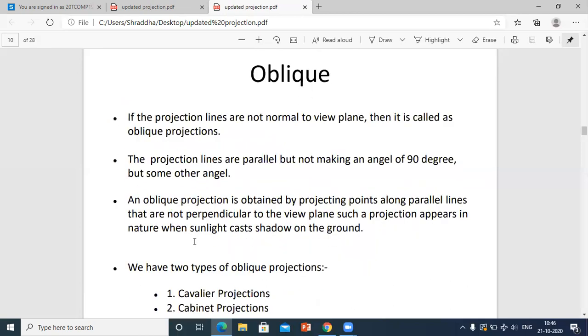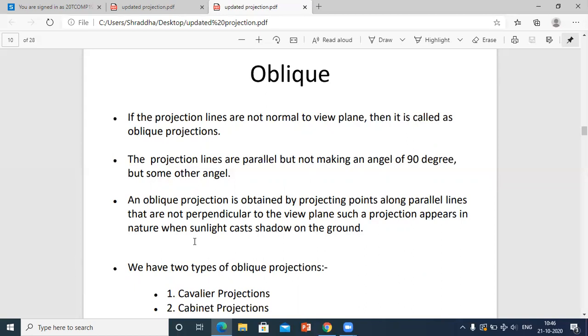Now oblique means what? If the projection lines are not normal to the view plane. I repeat, if the projection lines are not normal to the view plane, then it is called oblique projection. Now what do you mean by normal? Normal means it is perpendicular.